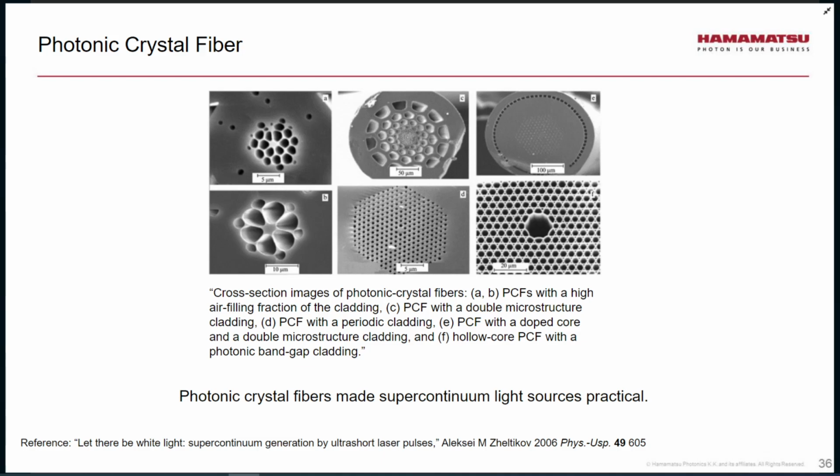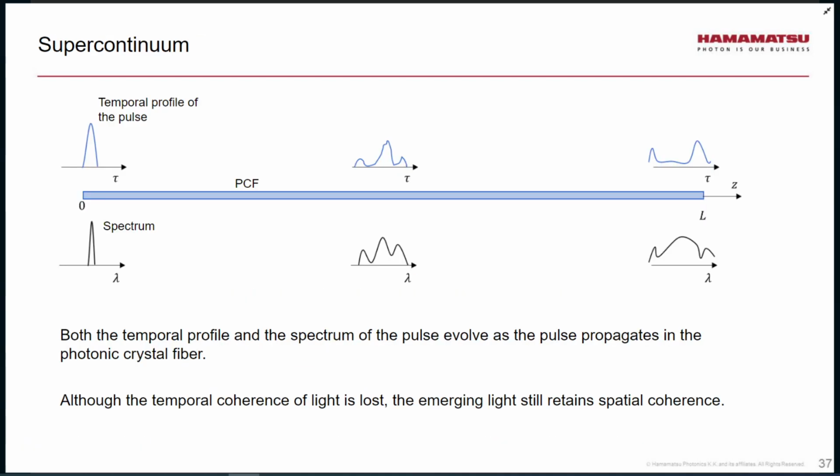As we said earlier, this was kind of a curiosity, but with the development of photonic crystal fibers, we can now standardize these sources. We can have repeatable pulses, repeatable spectrum, repeatable time characteristics, and thus they became practical.